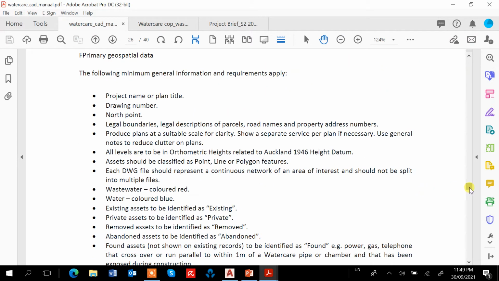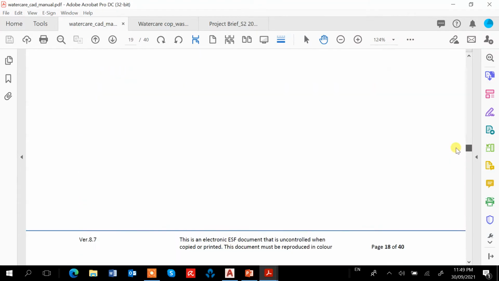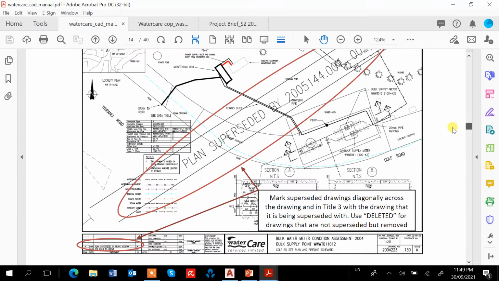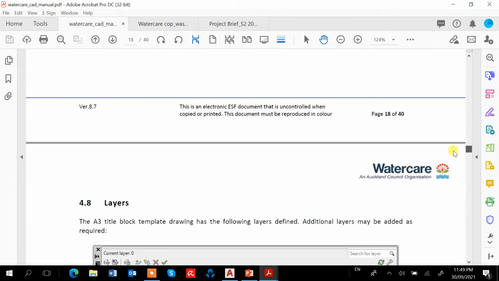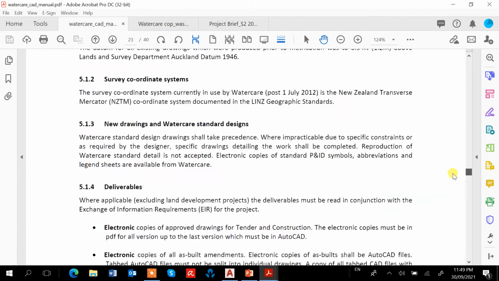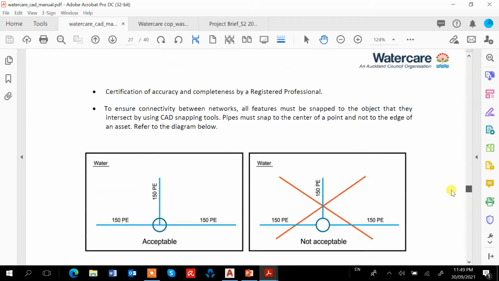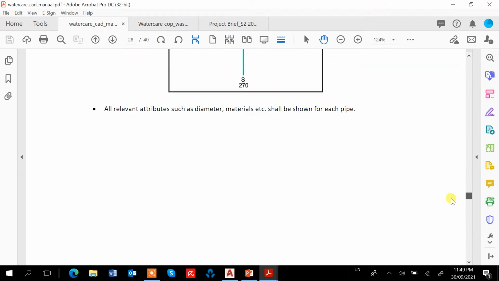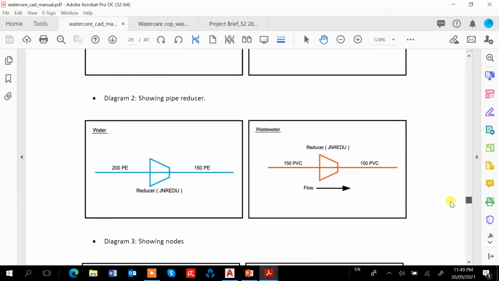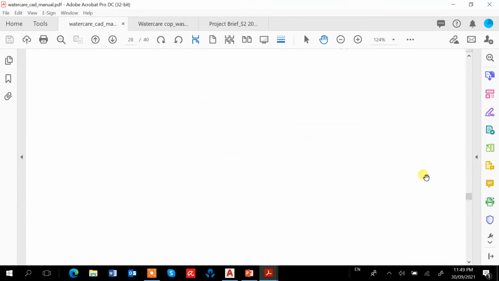I think they have some guidelines on how to produce the CAD drawings for Watercare. For the wastewater, I think they want the pipes and the manholes to be red in color.